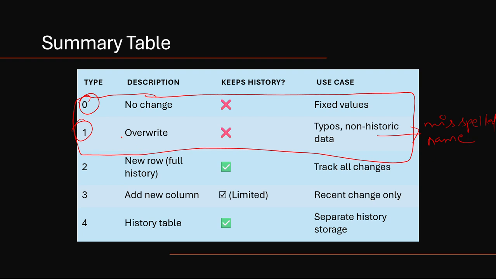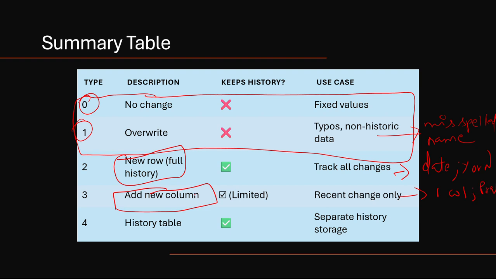For type 2, we track full history, for example with dates and yes or no, by adding a new row. For type 3, we add only one column, which tracks the previous address. And type 4 creates a separate history table.